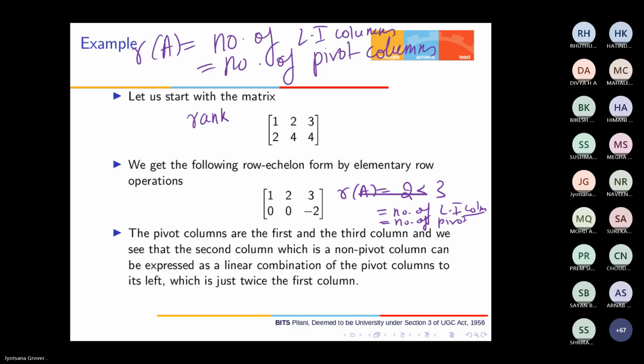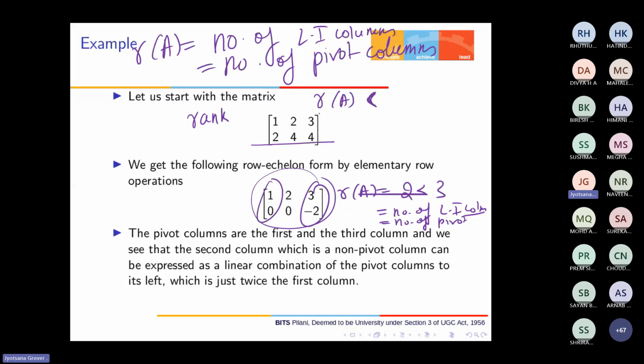A is a collection of all the vectors. Here the rank is 2, and only 2 are the linearly independent columns. Now comes the concept of whether they are dependent or independent.